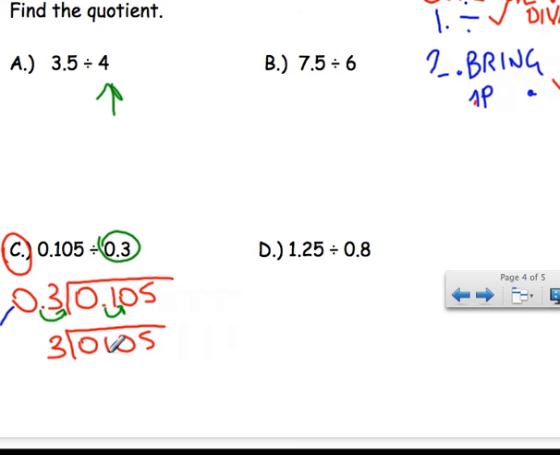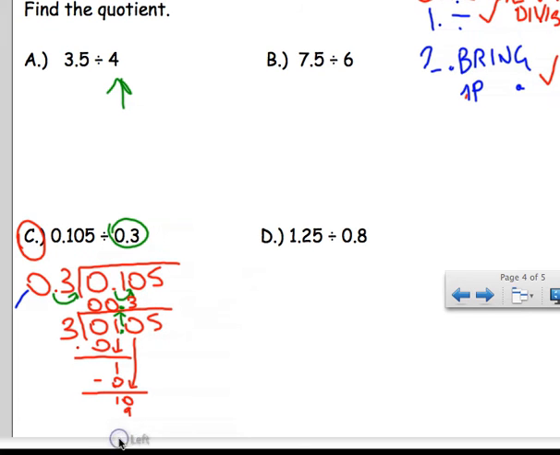So I'll divide. 3 goes into 0 0 times. Subtract. Bring down the 1. 3 goes into 1 0 times. Subtract. I have 1, bring down the 0. Now 3 goes into 10 3 times, but before I do that, I still need to remember my second step, which is to bring up the decimal. So now my new decimal in my quotient is going to go right there. 3 goes into 10 3 times.